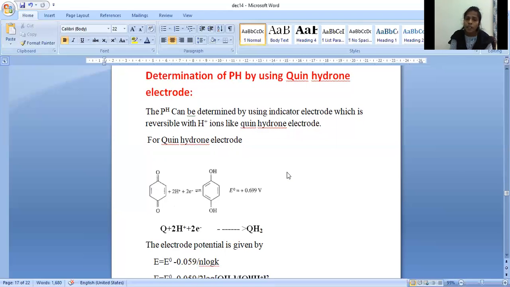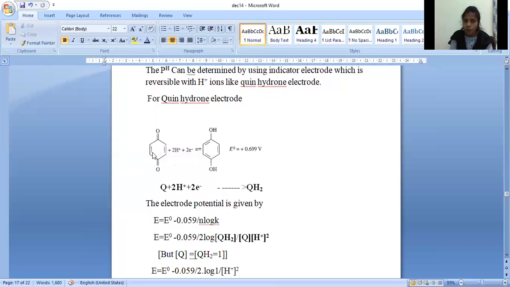For the quinhydron electrode, this is quinone. Quinone gains 2 H plus ions and 2 electrons to produce hydroquinone. In the reversible case, hydroquinone converts to quinone by losing 2 H plus ions and 2 electrons.